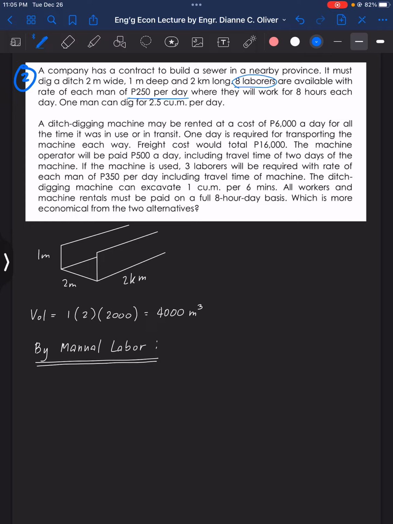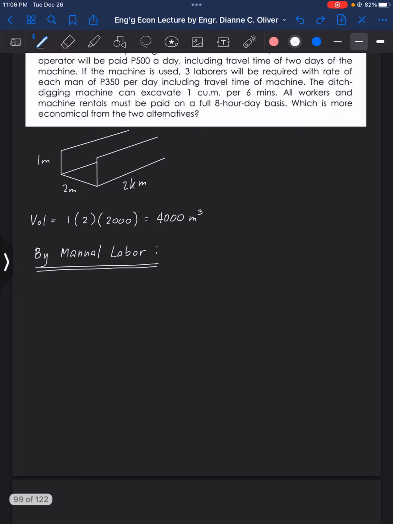So for how long will they dig the required volume? So how many days will they be paid? So number of days to excavate.